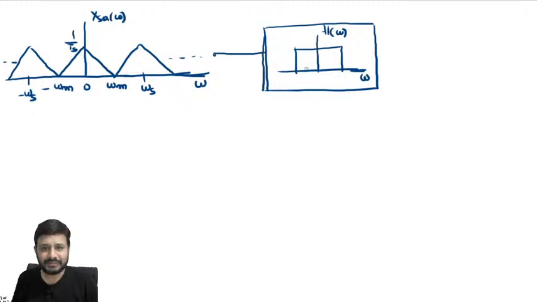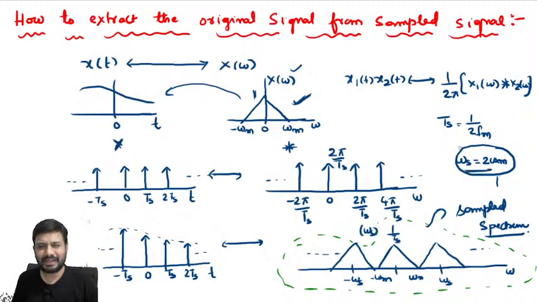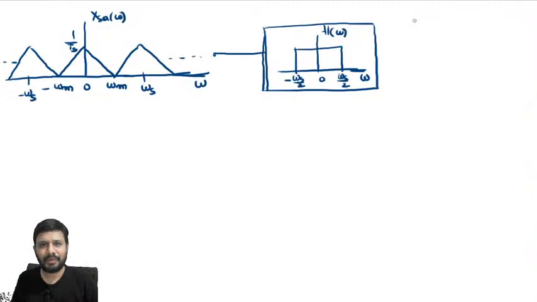Here I'll take the pass band to be minus omega s by 2 to omega s by 2. What is omega s? Omega s is nothing but 2 omega m, since I am assuming critical sampling. So omega s by 2 means omega m. So the pass band is minus omega m to omega m.